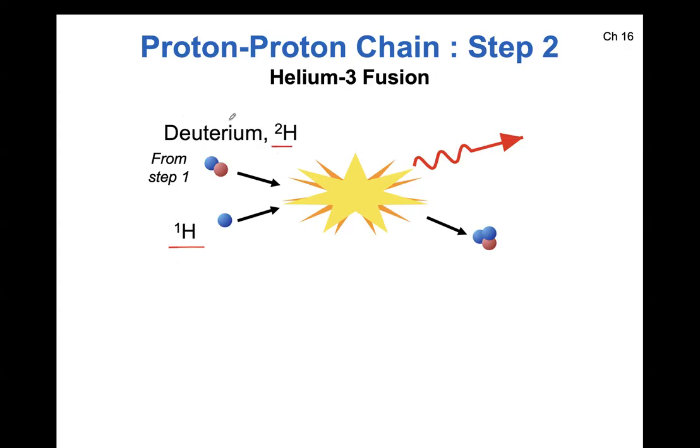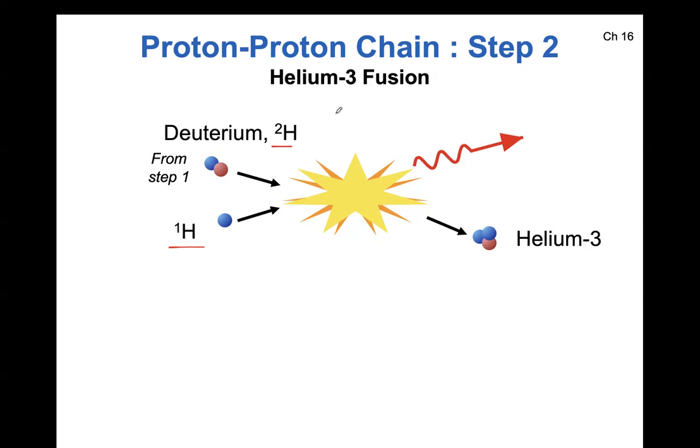So we've got the product of step 1 combining with another of the available population of hydrogen, because remember, these are the two things that started the chain in the first place. So we can see why proton is mentioned twice, proton, proton, because it's all about protons coming together. And this is obviously the most abundant element in the universe, and most abundant inside the core as well.